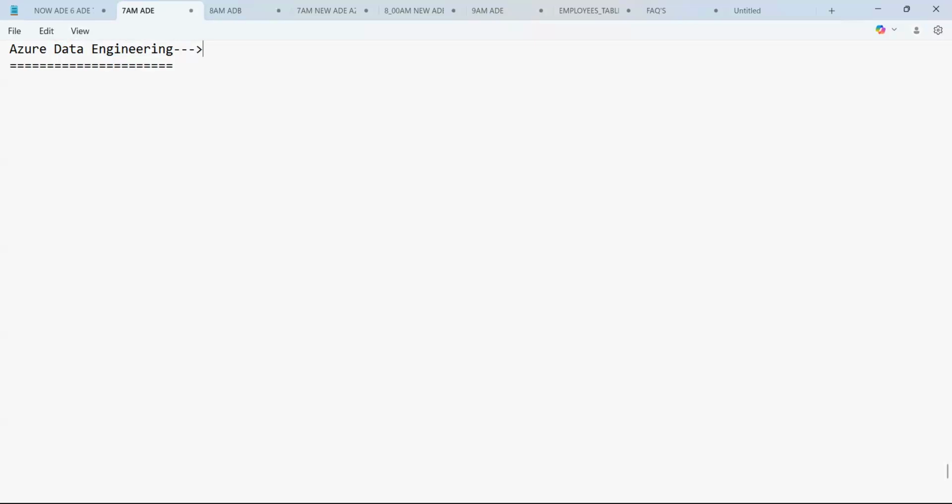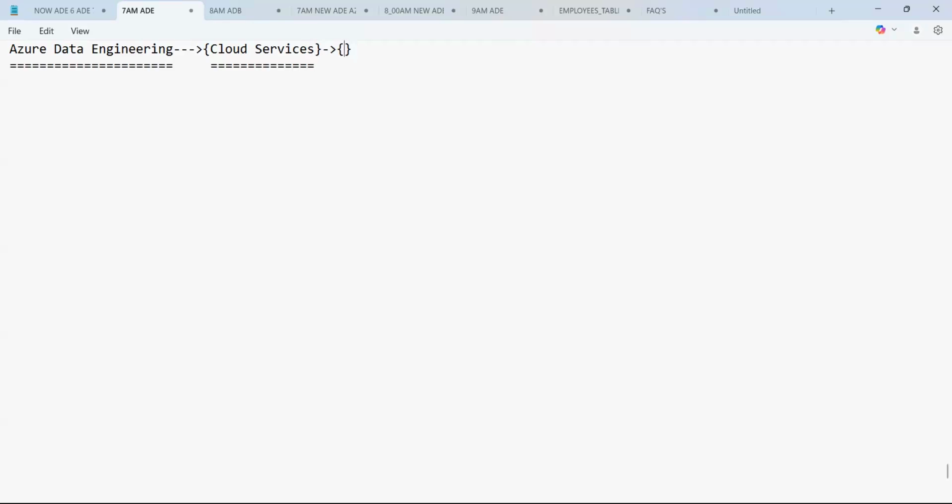So guys, when we talk about Azure data engineering, it's a bunch of cloud services. And using these cloud services, we can perform the following techniques on the data.